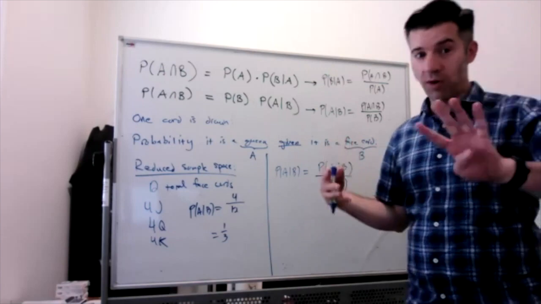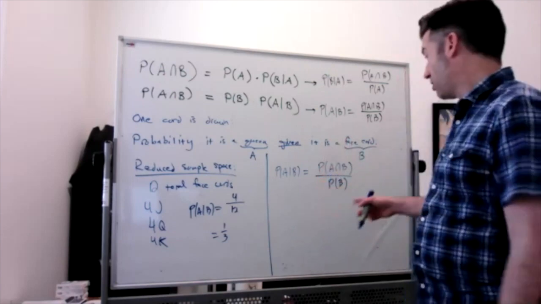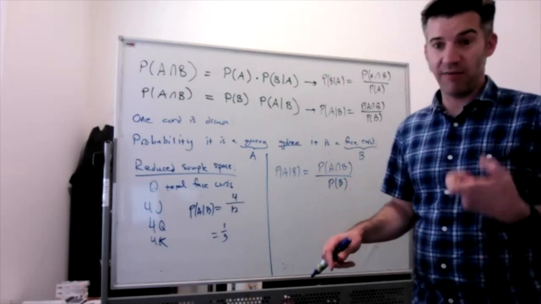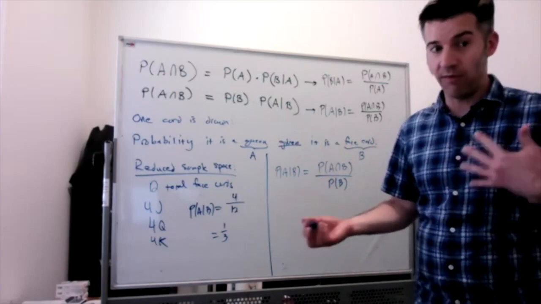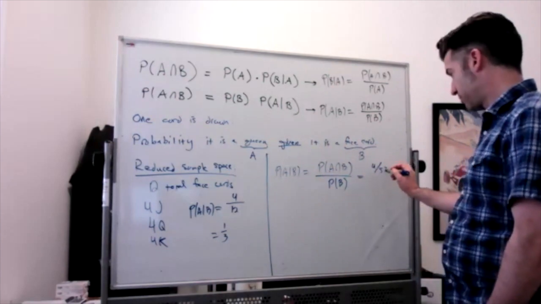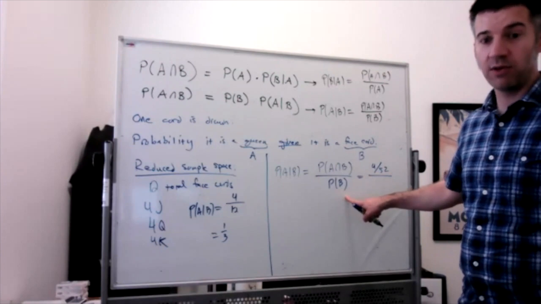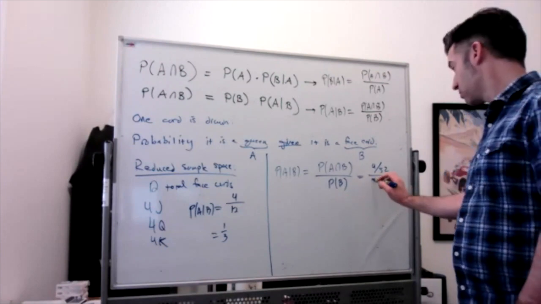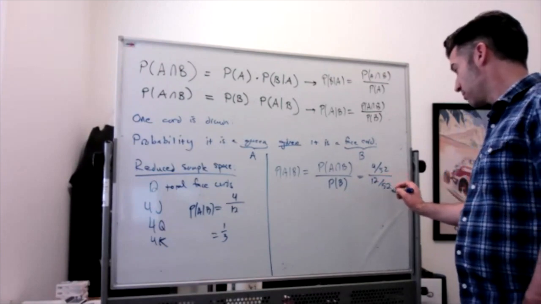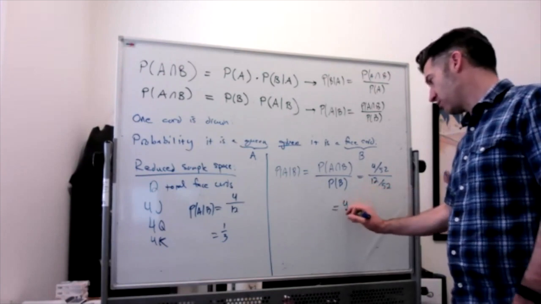So there's 4 queens that are face cards. Every queen's a face card, right? So the probability of being a queen and a face card is 4 out of 52. The probability of being a face card is 12 out of 52. The 52s cancel, and you get 4 12ths, which is 1/3.